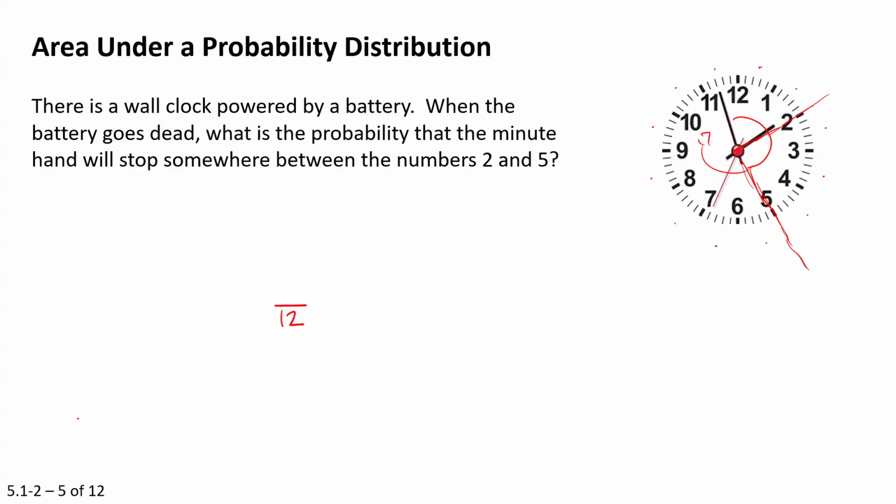And how many of those sections are members of the event? 2 to 5. 3. And how can I reduce that? 1/4. Now, let me do this here, and you'll kind of start to see a little bit more.